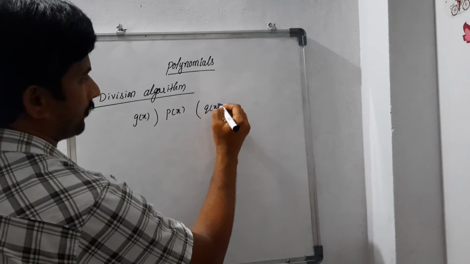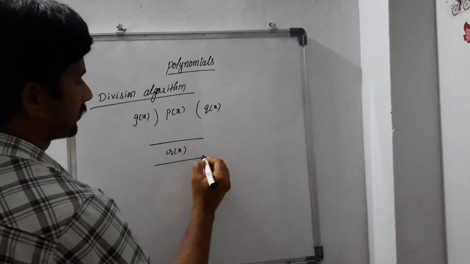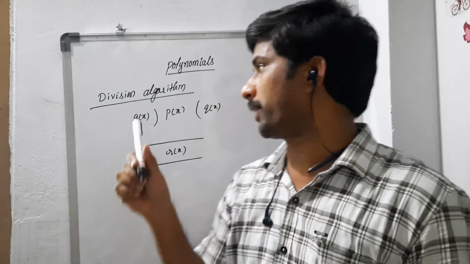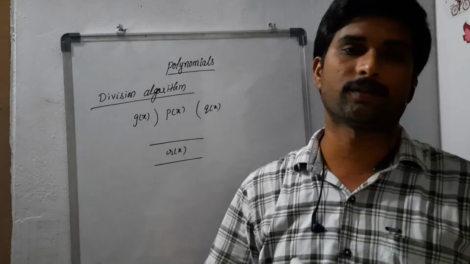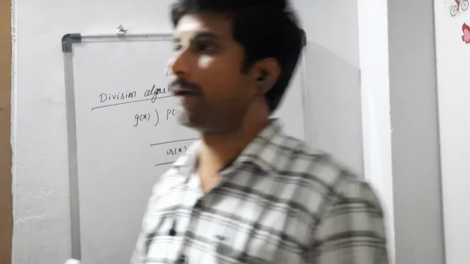If a polynomial p of x is divided by another polynomial g of x, then we get q of x as the quotient and r of x as the remainder.